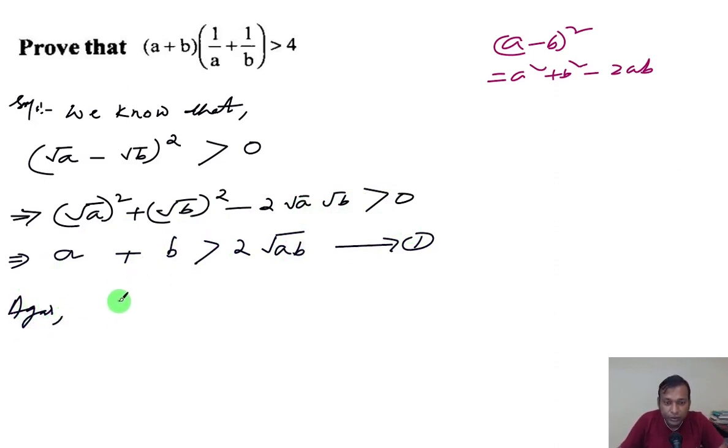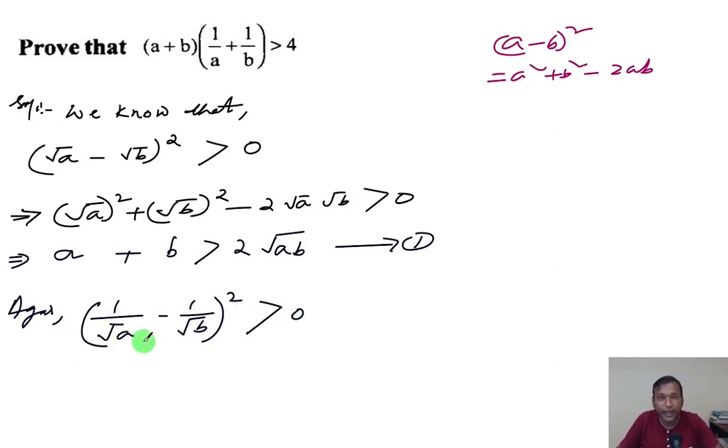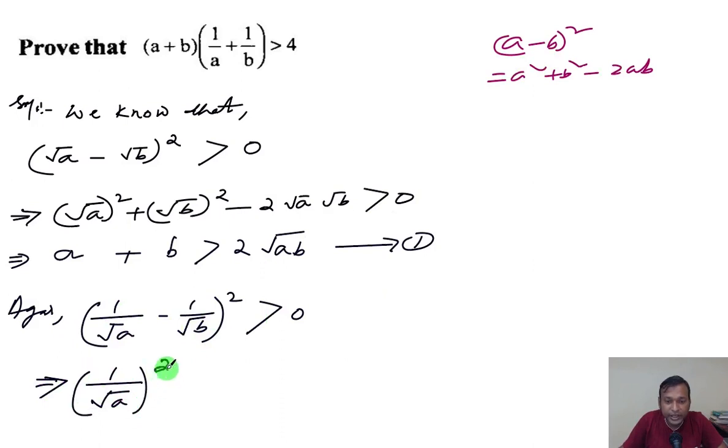Again, we know that 1 by root a minus 1 by root b whole square is also greater than 0, because the square of any number is always non-negative, that is positive. So this is also of the form a minus b whole square. So here also we will use the a minus b whole square relation, that is a square plus b square minus 2ab.